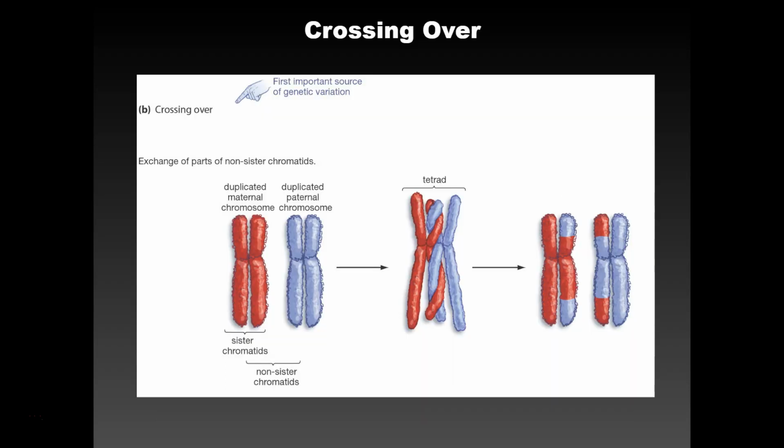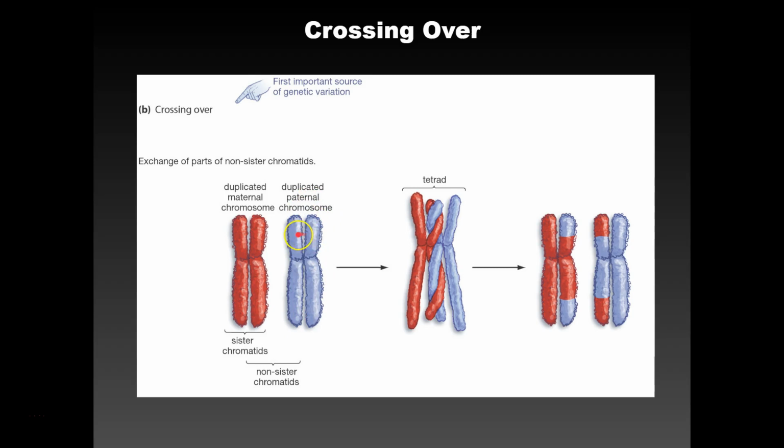So again, here are some more details about crossing over. You can imagine before these duplicated, you just had one red one and one blue one. Then during S phase of interphase, these chromosomes duplicated, and you wind up with sister chromatids. These two pieces of DNA are identical to one another, and these two pieces of DNA are identical to one another as well.